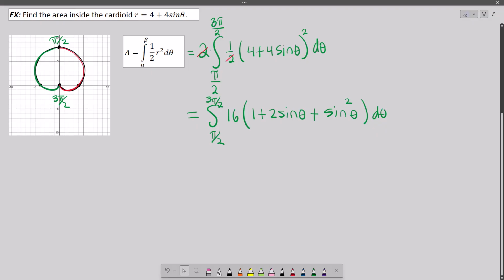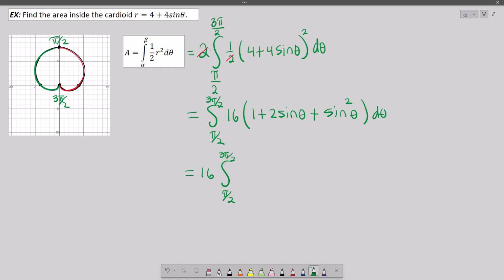How do we integrate sine squared? Back to the unit in the beginning of the semester. We take and we, what do we do? Turn it like a double angle or something? Close, yeah. What do we call that? Power reduction. Right, we power reduce it, but we have to bump the angle.